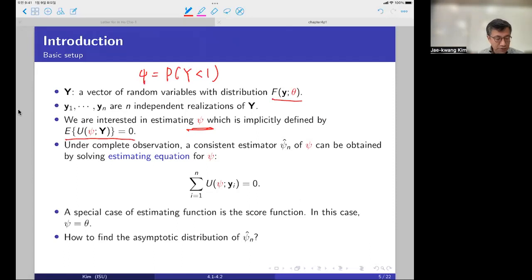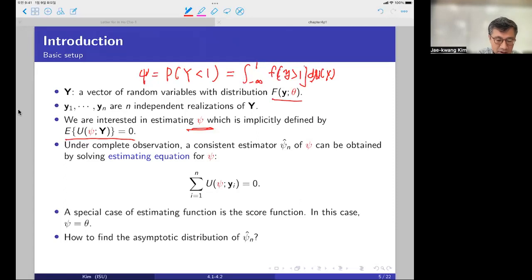So what is the meaning of this one? Well, the original meaning of this is something like the integral of f(y) dy, d mu(y), whatever.